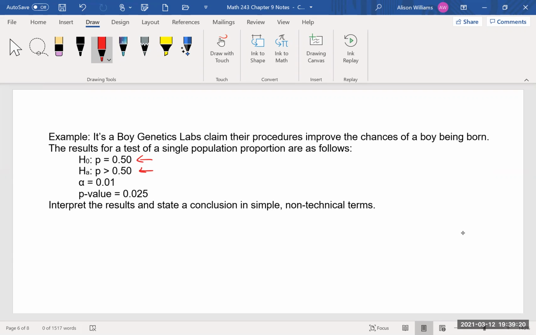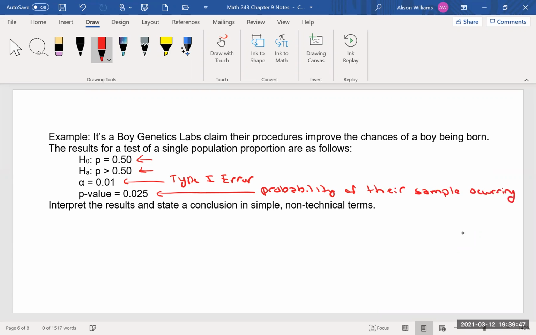Now, for them, they're keeping their type 1 error very low. And the p-value, which is the probability of their sample occurring, is pretty low too. It's only a 2.5% chance their sample is going to occur.